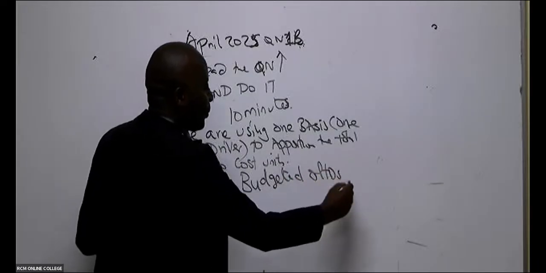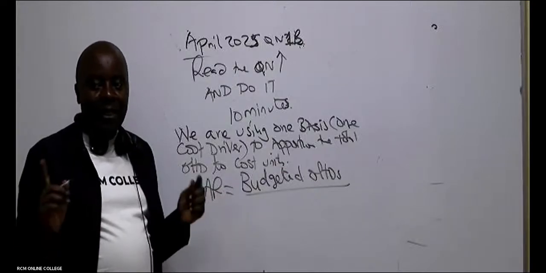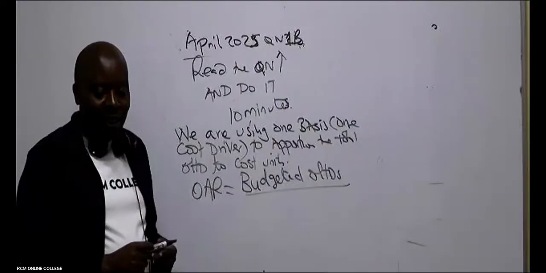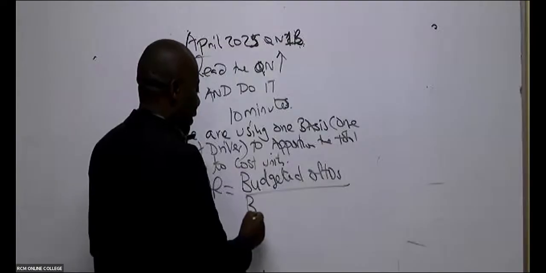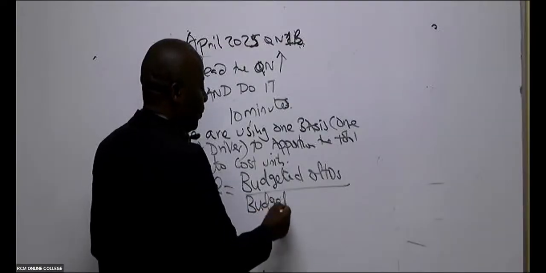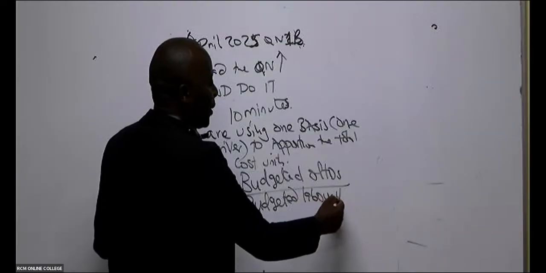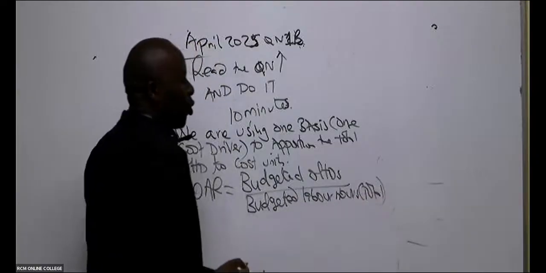We divide this by budgeted, in this case here, we know the basis, budgeted labor hours, Frank, budgeted labor hours, or cost driver. They have told us what to use, budgeted labor hours. So remember that these have to be total.